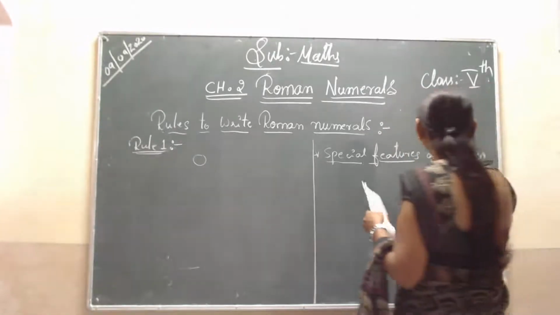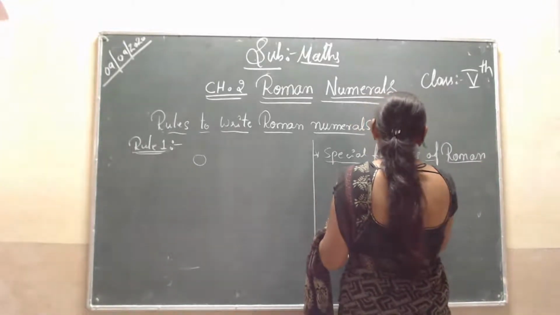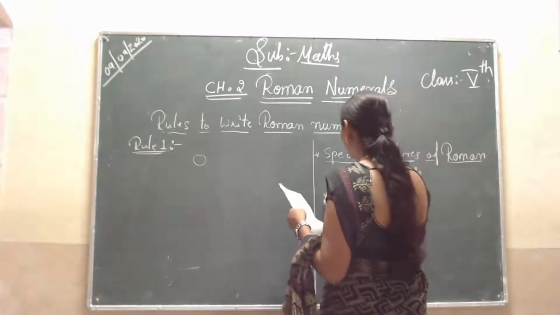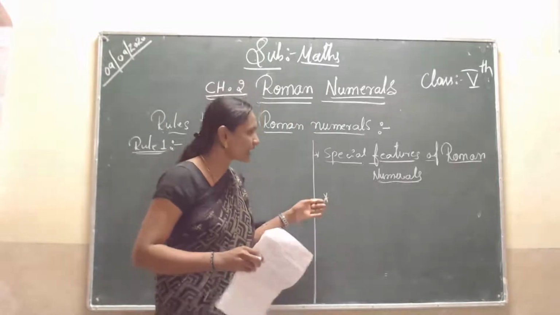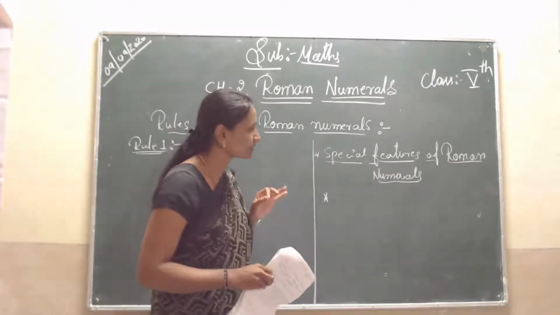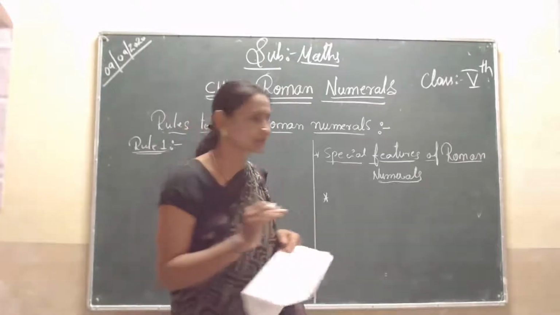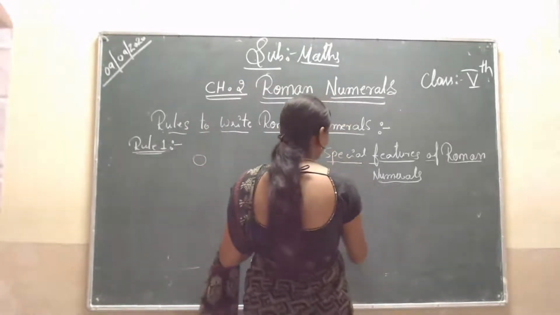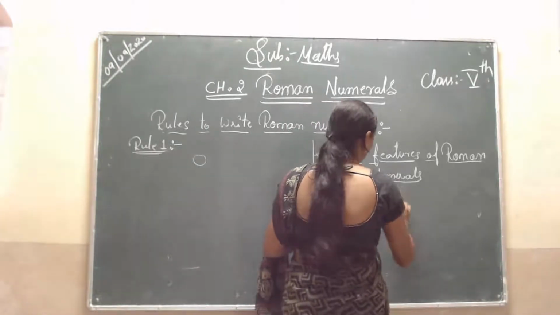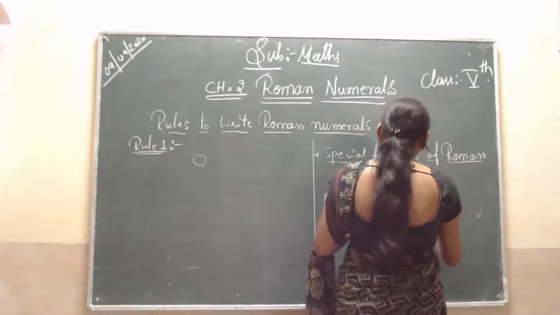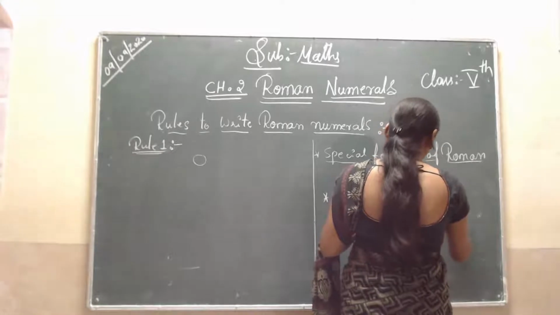Already in the earlier basic classes I explained this, students. In that video I explained the special features of Roman numerals: there is no place value in the Roman system, and there is no symbol for 0.